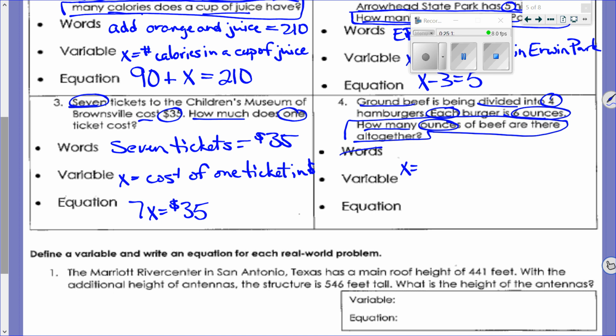Okay, so X is number of ounces of beef. We know that that is being divided into 4, and that it then equals 6. Make sense?